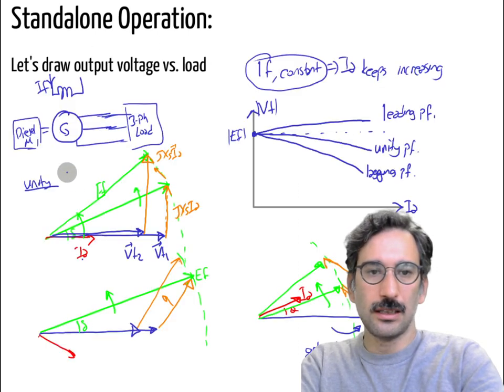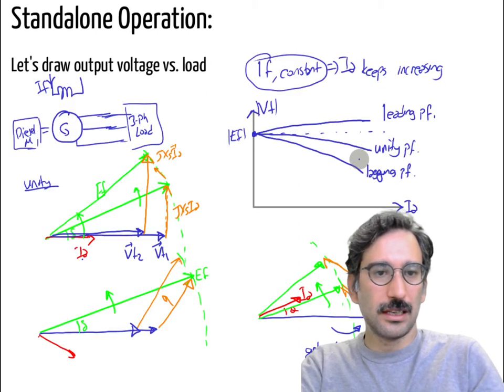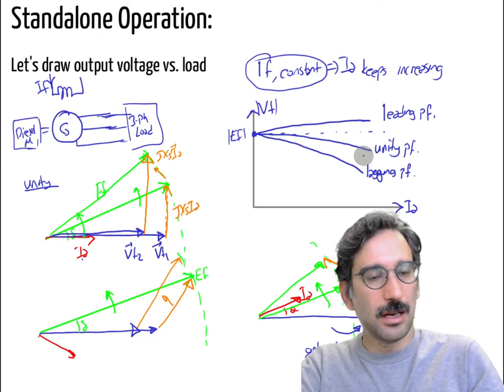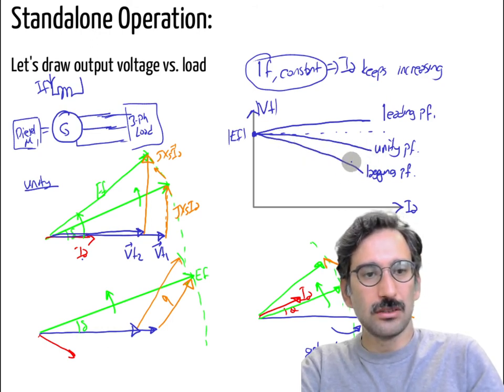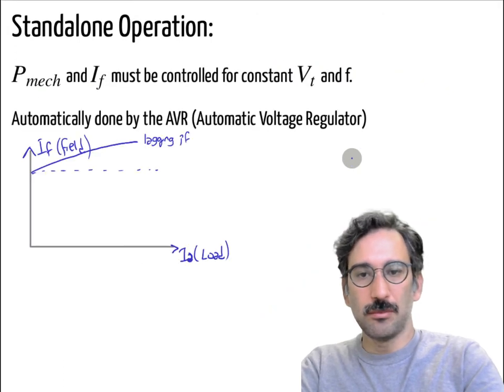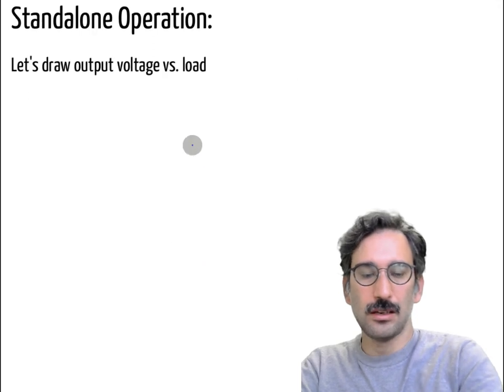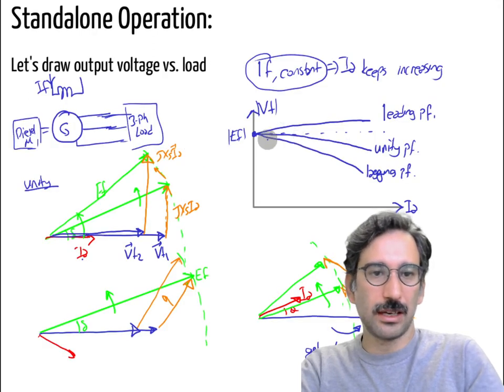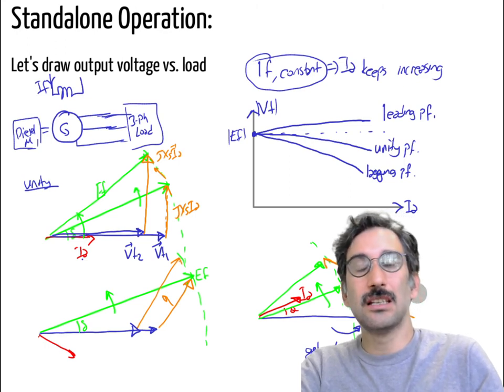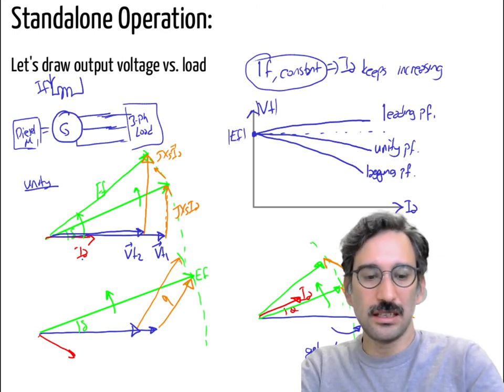Okay, then for unity power factor, yes, it is reducing, but somehow, you know, it is less than lagging power factor. So that means the compensation for the field current is going to be less for the unity power factor. And for the leading power factor, actually the VT terminal voltage gets larger and larger as I increase the load.